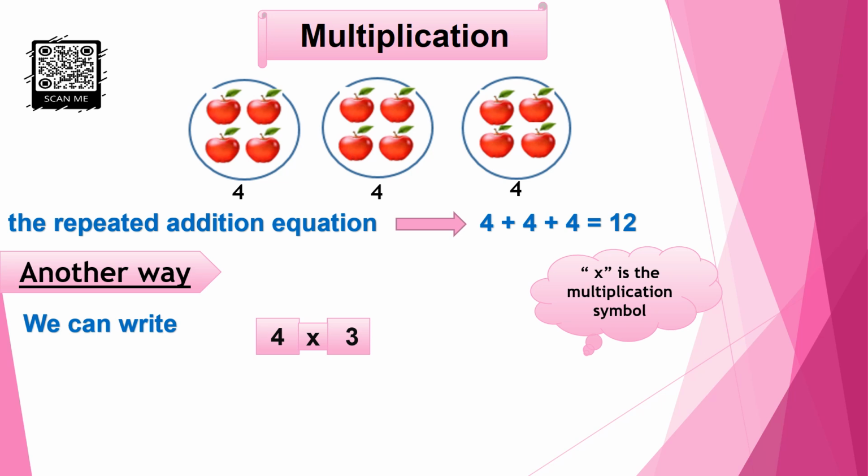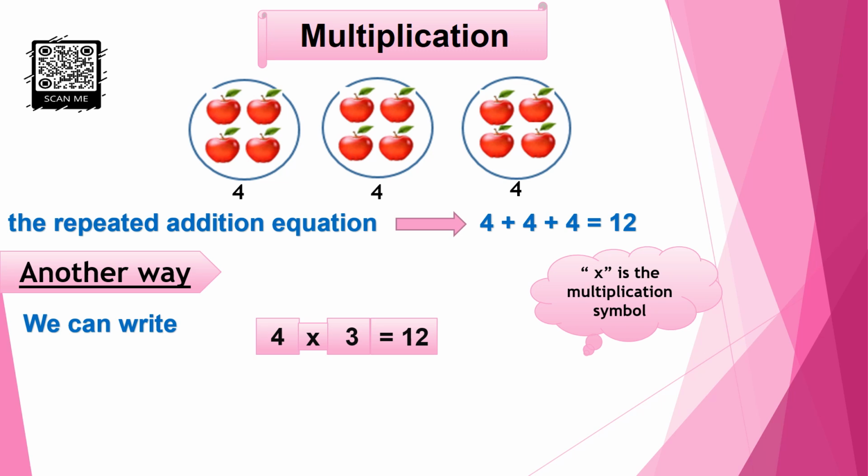What is the number I repeat? 4. How many times I repeat 4 here? 3. So I will write 4 times, this symbol, which is like X, is called times. 4 times 3 equals 12. It's the same result. Okay?